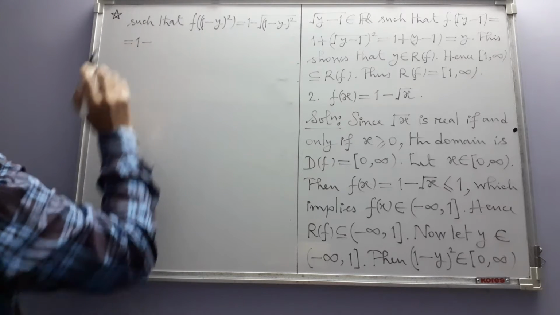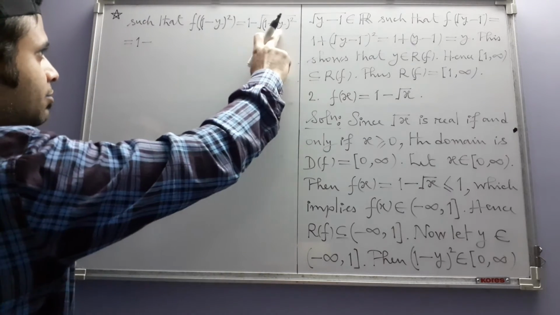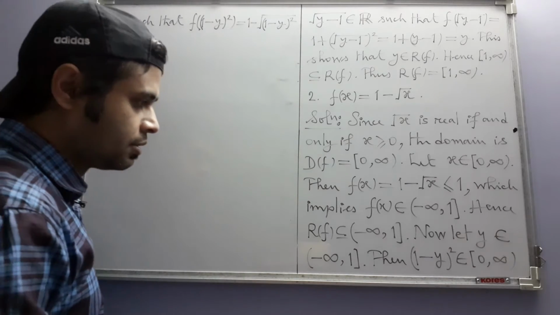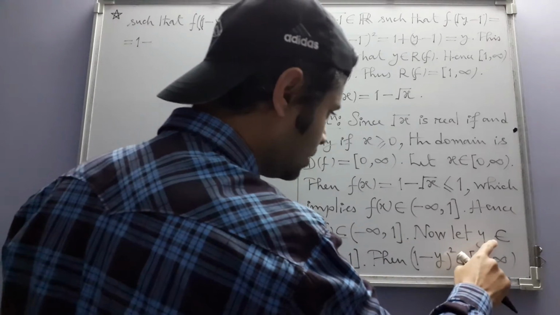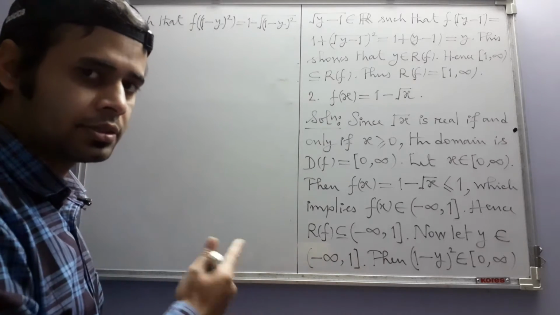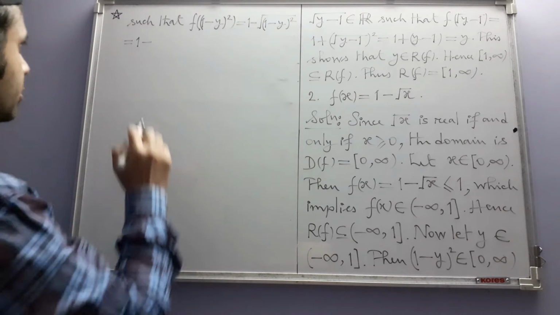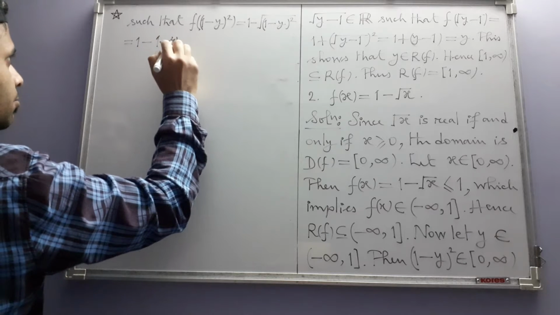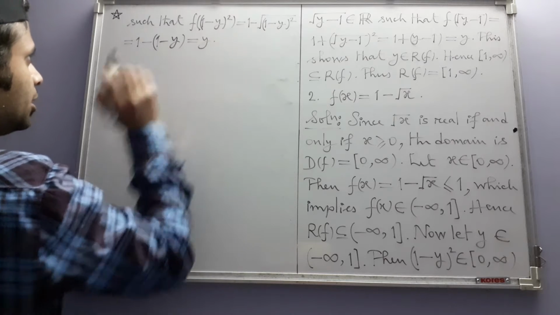Now again, when we cancel square root and square, we have to make sure that the thing we have inside is non-negative. Our choice tells us that because we are choosing y here, y is less than or equal to 1. That means 1 minus y is actually non-negative. So this thing is equal to 1 minus y and not y minus 1. And that's why this is equal to y.